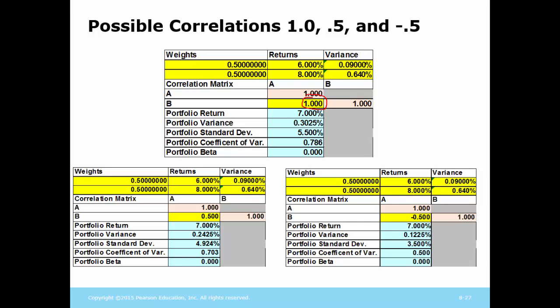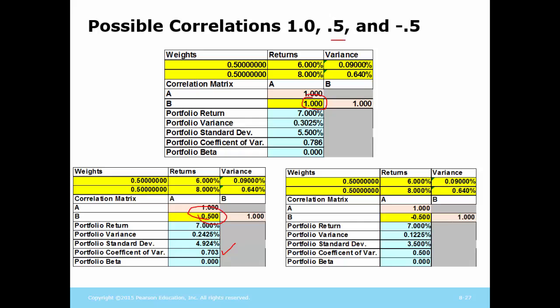So now what happens if we say the correlation is actually 0.5? Down here we have the correlation matrix, we type in 0.5, you get the same rate of return, but look what happens to the coefficient of variation. It's now less. So risk goes down as correlation goes down.